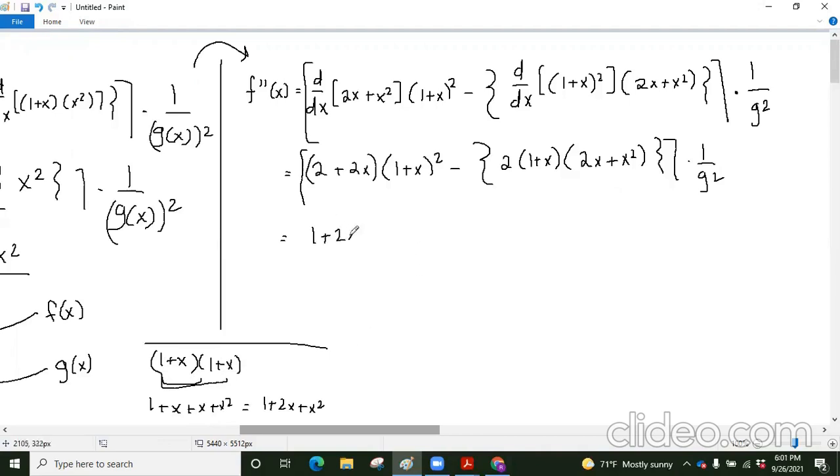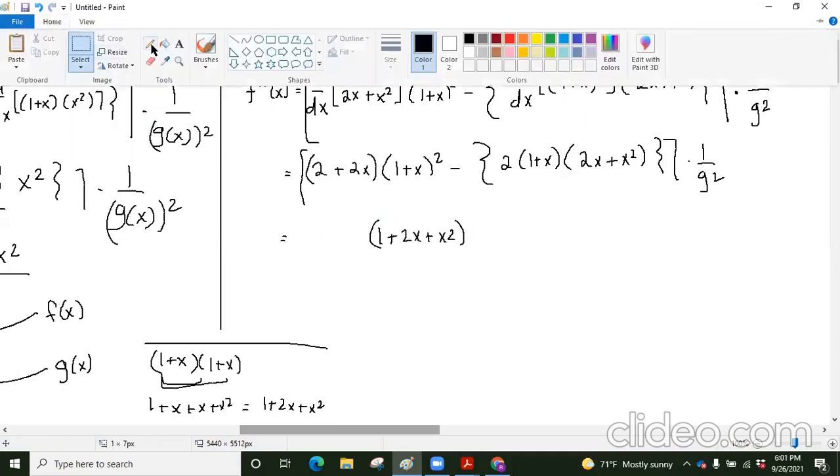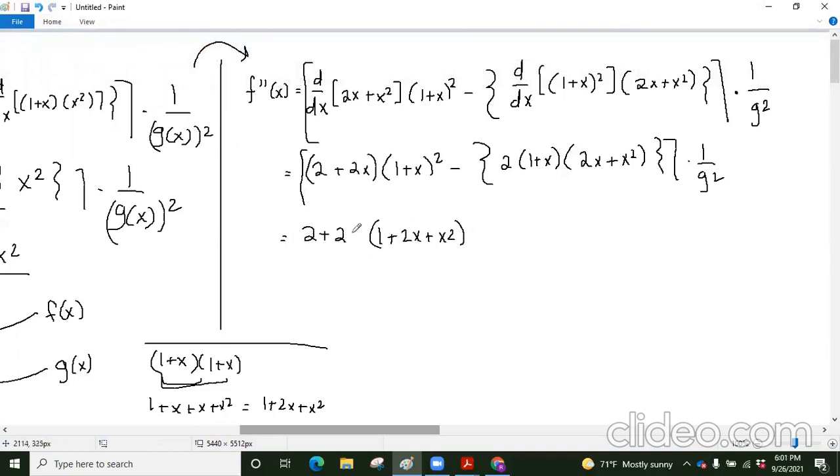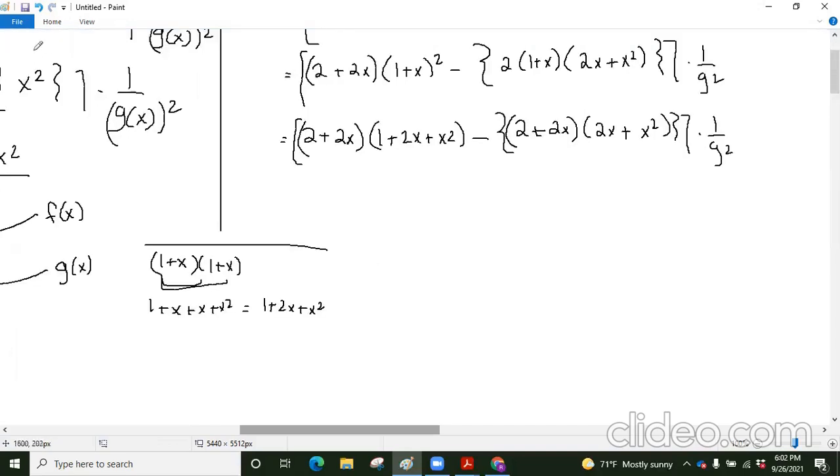So 1 plus 2x plus x squared multiplied by 2 plus 2x, let me move this out to the right a little bit, times this minus 2 plus 2x, 2x plus x squared, multiplied by 1 over g squared.